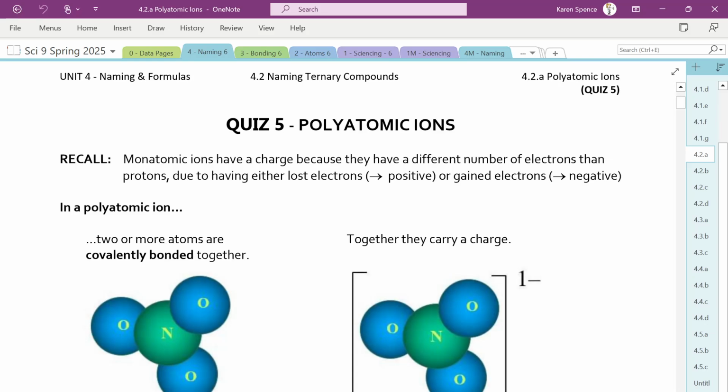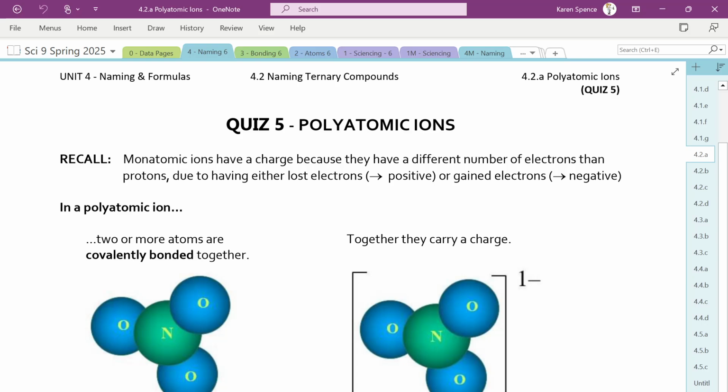And actually, I need to also give you a chart with polyatomic ions on it. So in addition to your periodic table, we have a table of polyatomic ions. 1, 2, 3, 4, 5. And we'll say this is your green sheet. Okay.